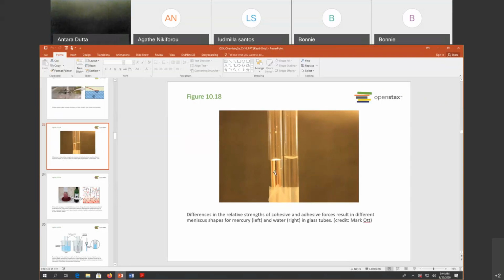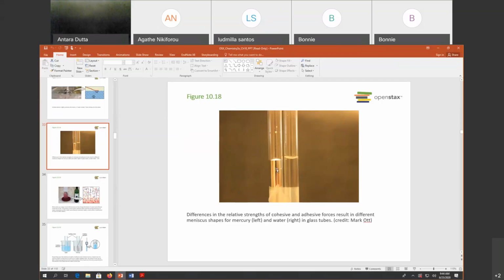So when liquid molecules interact with the same type of liquid molecules, that is called cohesive force. So in case of mercury, the cohesive force is stronger than the adhesive force. Adhesive means you have two different materials and they are attracting because they both are polar.